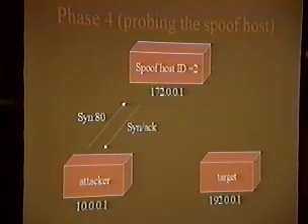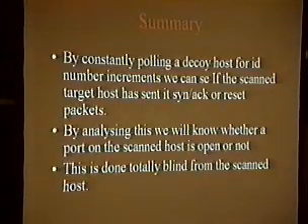If the ID number is 2, then we know it's a closed port, and if the ID number is 3, then we know it's an open port. So by analyzing these ID numbers, we will know whether a port on the scanned host is open or not, and it's totally blind from the scanned host.